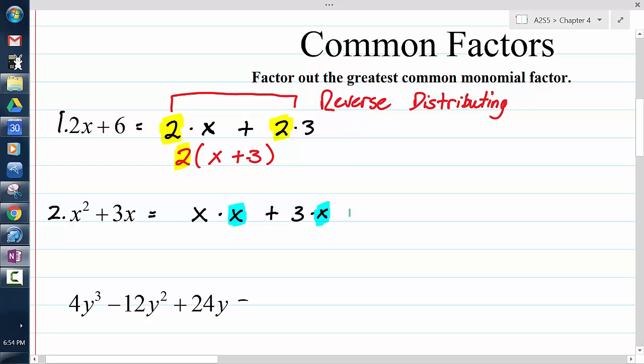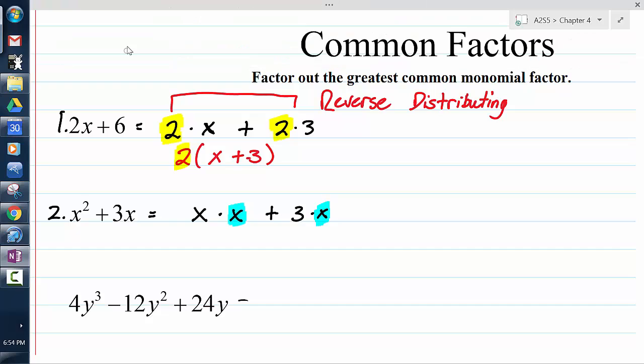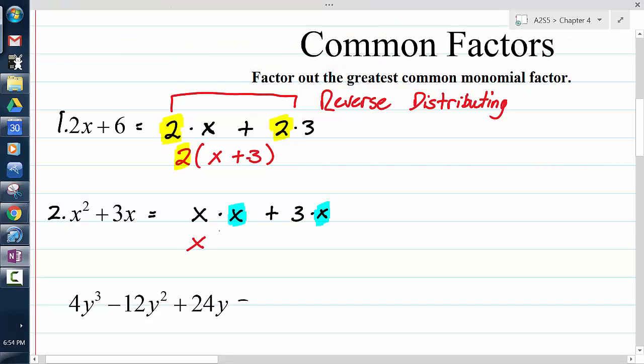So just like the last one, I can take the x out, and what I have left inside is x plus 3. Now it's fully factored. That's again reverse distributing, where if I distributed that x back in, I'd end up with what I originally had.